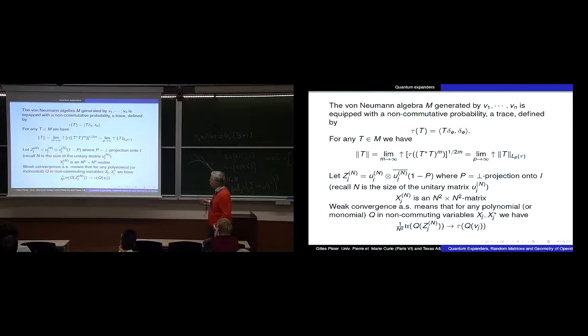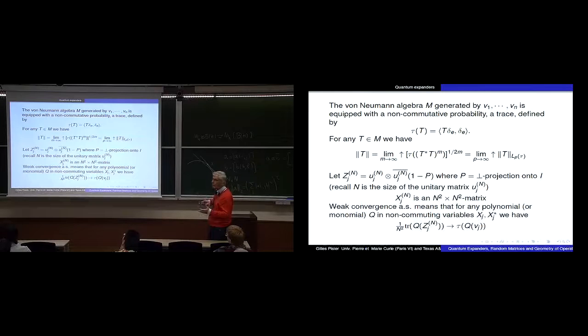It's equipped with a nice normalized trace given by this very simple expression. Delta e is the basis vector associated to the unit element of the free group. And then the norm, exactly like in the usual L^p space over a probability space, the L infinity norm is the limit, the increasing limit, of the L^p norms.